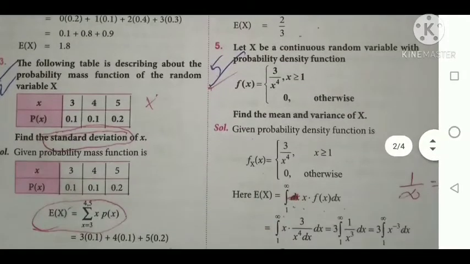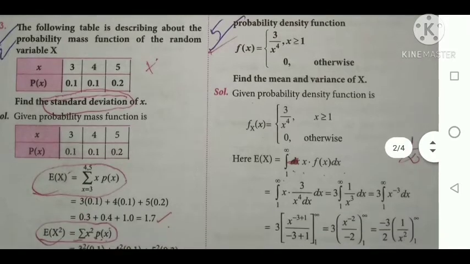Then, the following table describes the probability mass function of a random variable x. X equal to 3, 4, 5 and p of x equal to 0.1, 0.1 and 0.2. Find the standard deviation of x.